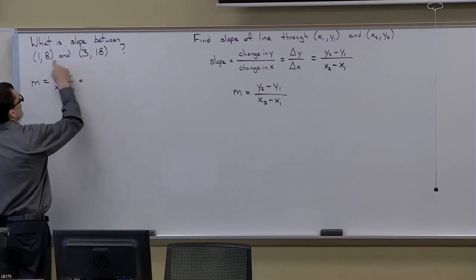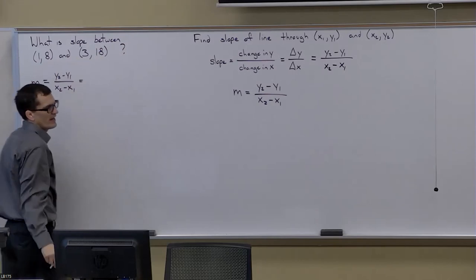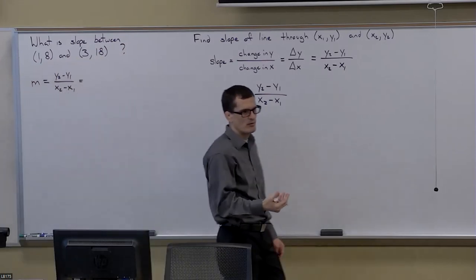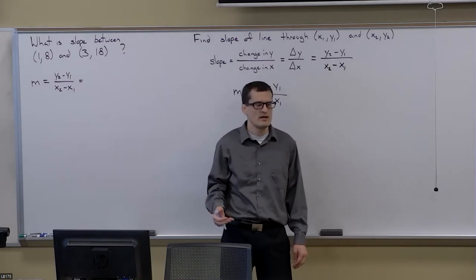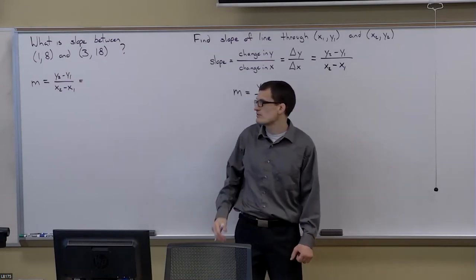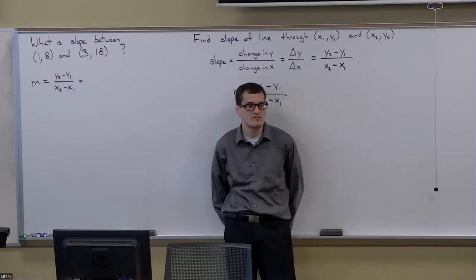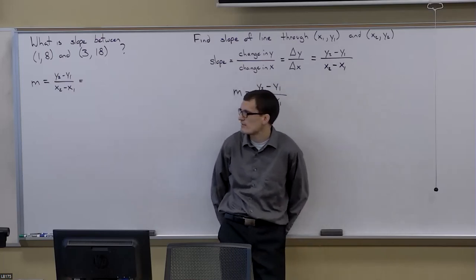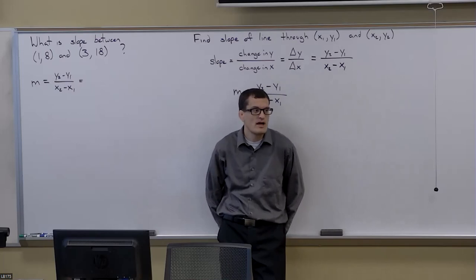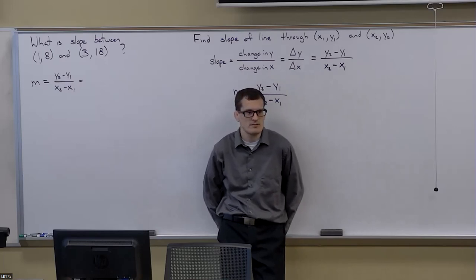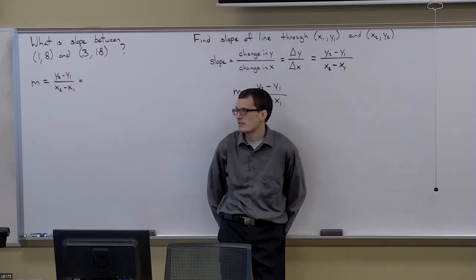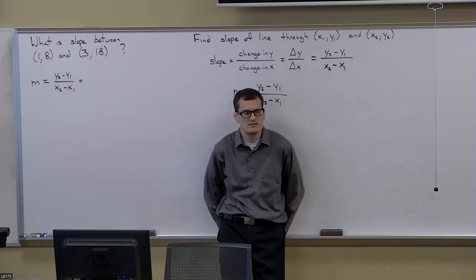Again, I usually call the point that comes first my first point, and the one that comes second my second point. So I call (1, 8) the first point, (3, 18) the second point. The nice thing about this equation is that if you did the opposite, if you called (3, 18) your first point and (1, 8) your second point, you'll get the same answer that I got. So it doesn't matter which one you call your first point, which one you call your second point. I just pick one and go with it.